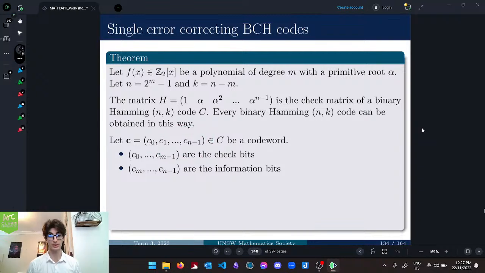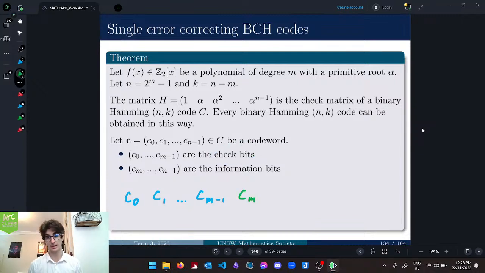For a code word, as we defined similarly earlier, we can actually partition this code. So what we can say is we're dealing here with C0, C1, all the way through Cm minus 1. Those first m bits are the check bits.